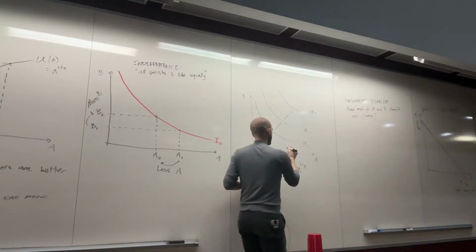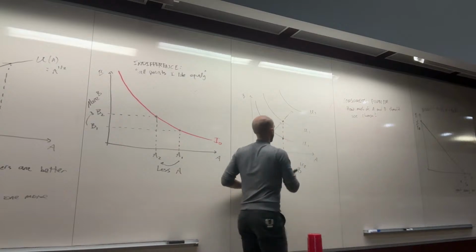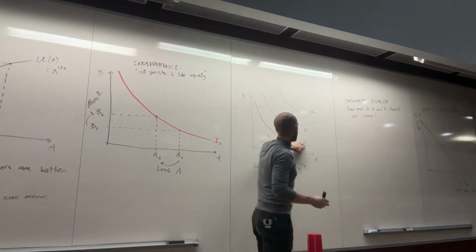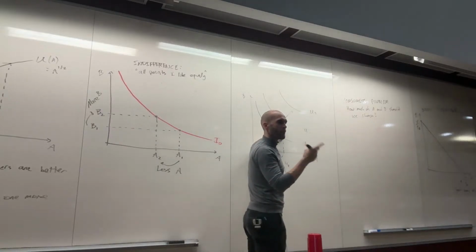And just as an example, if I were to draw a vertical line, we can tell we like U2 better than U1 because on U2, we can have more bananas than we could on U1 at the same number of apples. So we definitely like U2 better.